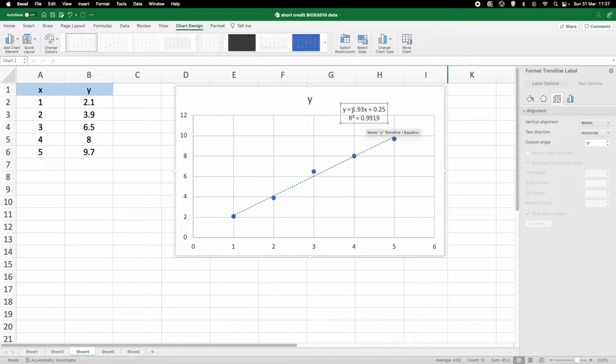This means our gradient for this line of best fit is 1.93, and the y-intercept, if we elongate the line backwards, would be 0.25.